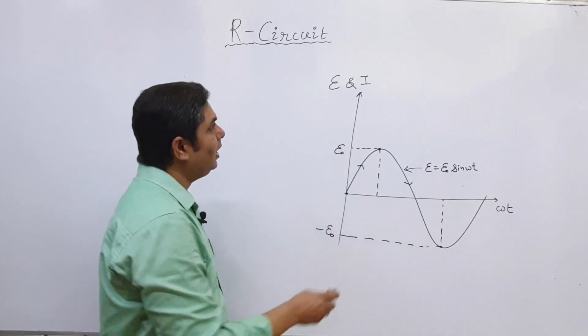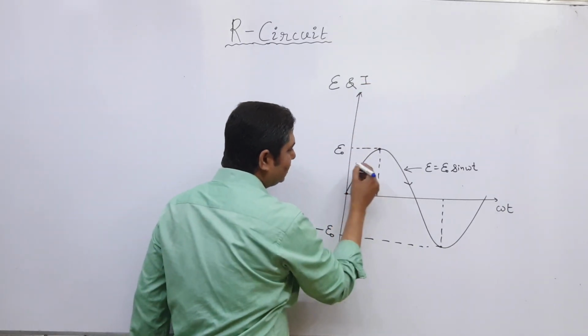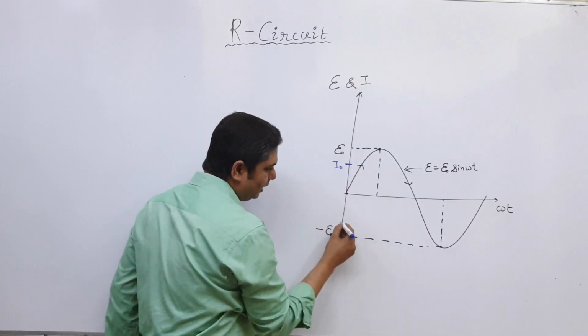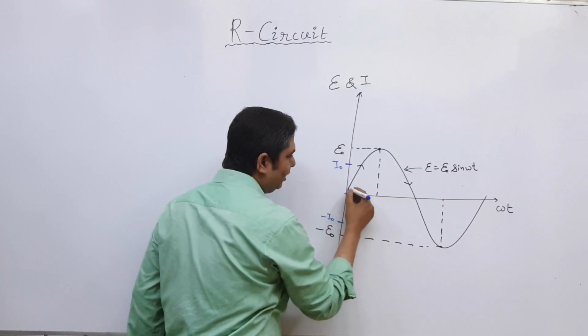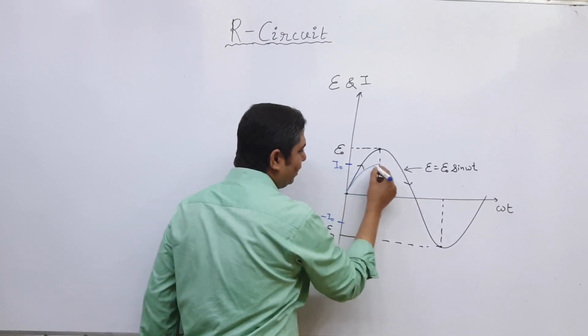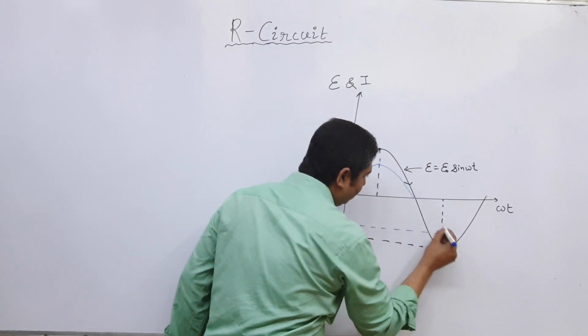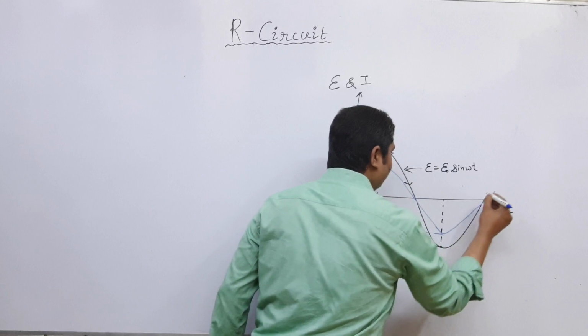Now let us see about current I. Let this be the peak of current I, said to be I naught, and on the negative side it is minus I naught. It will start from here, come to the peak point, after that turn, and again come to the peak point, and again take a turn from this side.